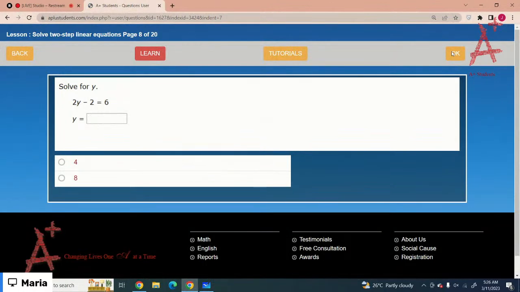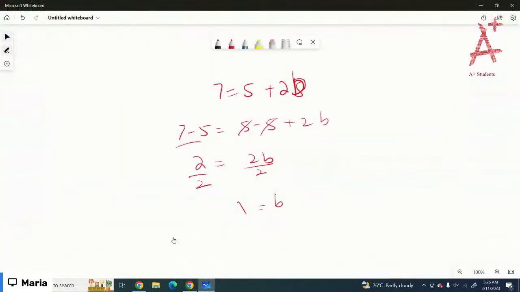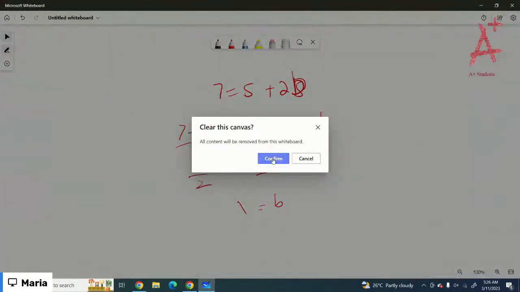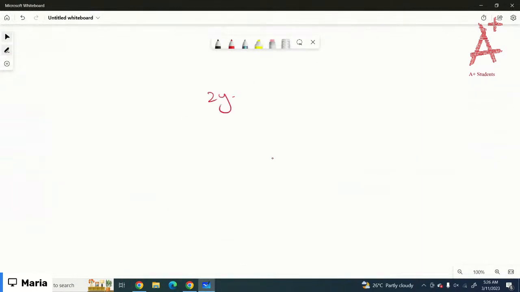Okay, the next one is 2y minus 2 equals 6. So you have to remove that 2 from here. 2 is being subtracted. That means you have to add, because the opposite of subtraction is addition. So it would be 6 plus 2. So 2 minus 2 is 0.